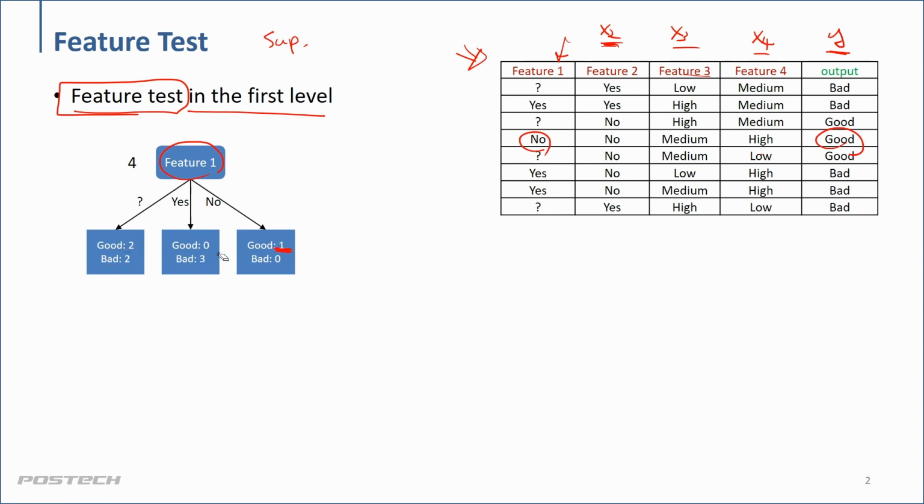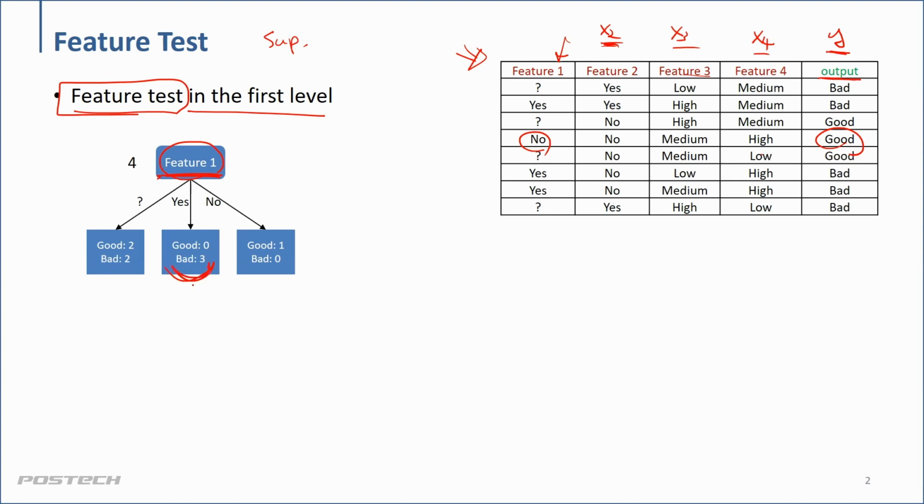So for feature 1 to be a good candidate, a good factor to make the right decision or right predictions on the outputs.